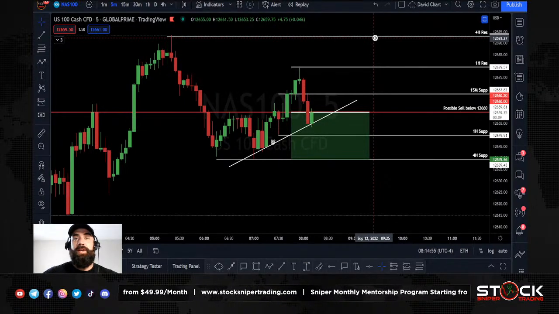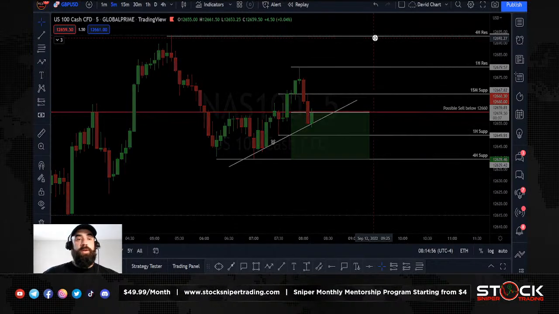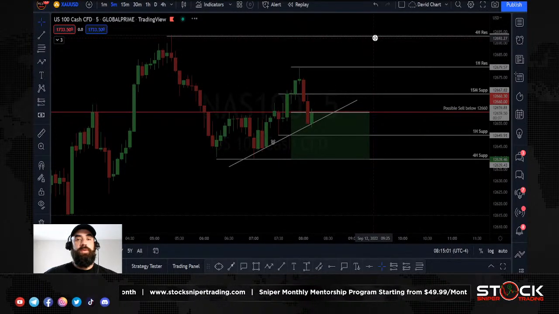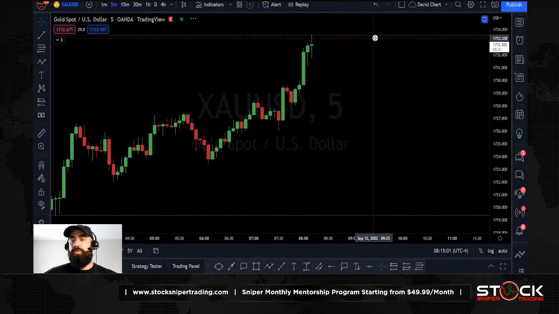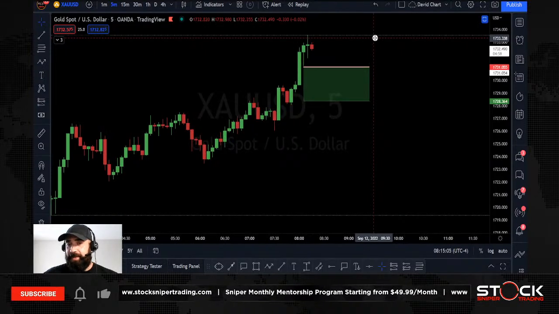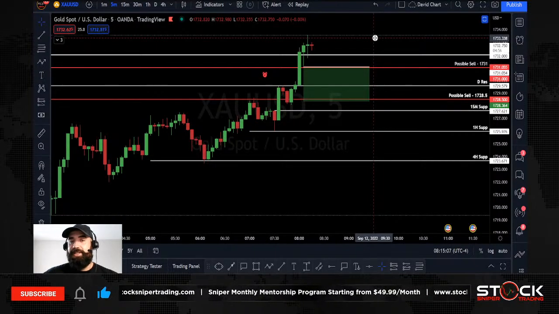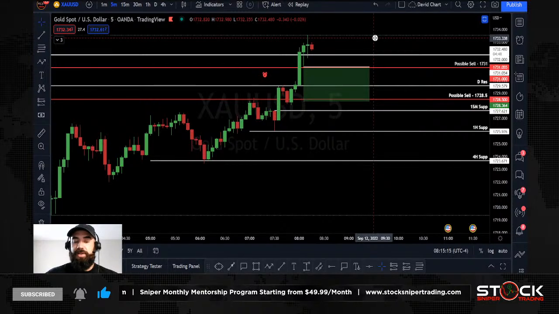All right. So here's your gold coming in, just tapping the 50. Here's the 8:15 candle, guys. Let's watch and see here. We're just above the 32 mark at 1732.78. Okay, a little bit of an indecision candle here.